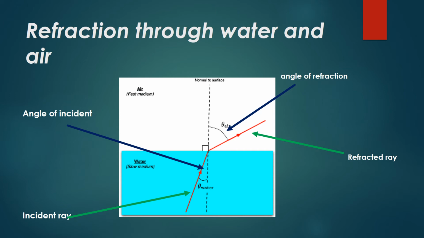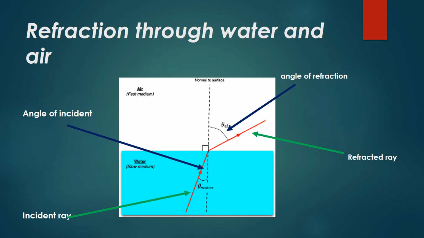The incident ray, the ray which is going from the water, and the refracted ray which is going out from the water to the air, we can see bends away from the normal.